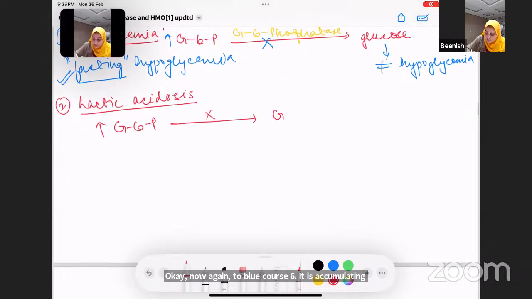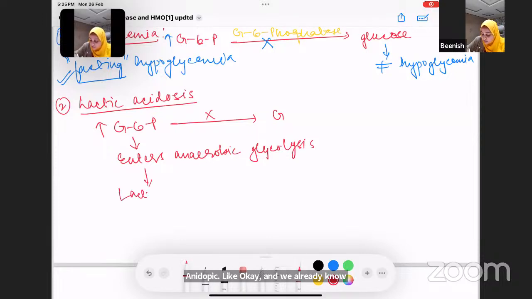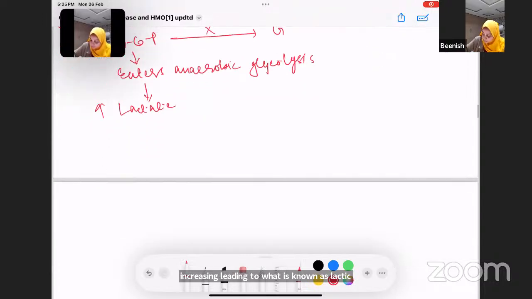So what happens is your glucose 6 phosphate, now what fate does it have? It enters anaerobic glycolysis. And we already know that in anaerobic glycolysis, the product is lactate. So lactate starts increasing, leading to what is known as lactic acidosis. Very simple.